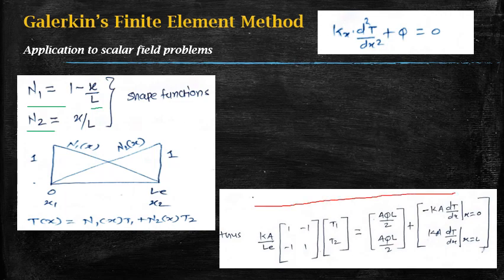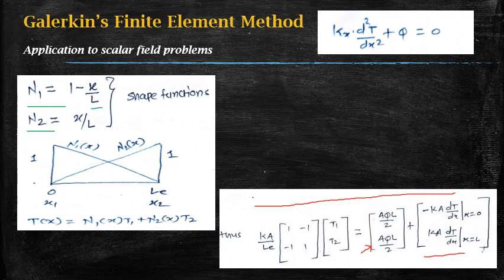So this is the element conductance matrix, this is the nodal temperature vector, this is what earlier we have seen, the distribution of heat generation over the two nodes. This is the matrix which represents this phenomenon, and this is a vector containing gradient terms.